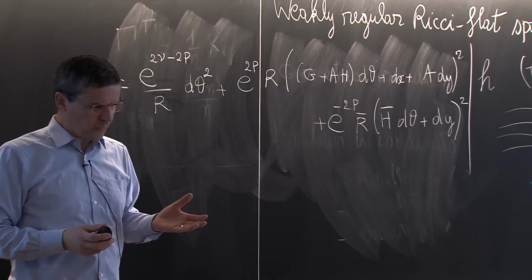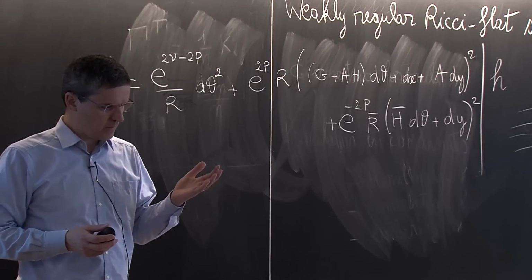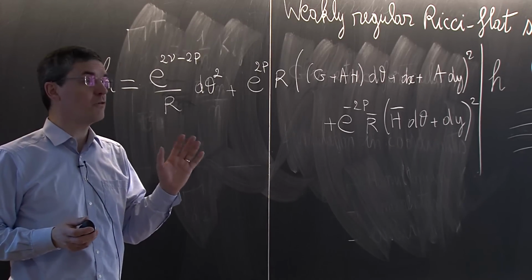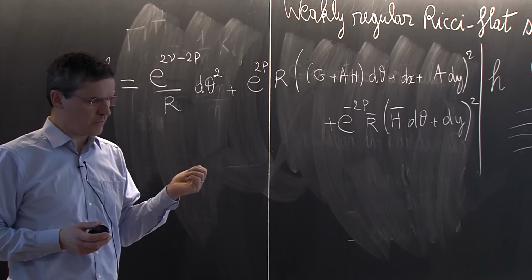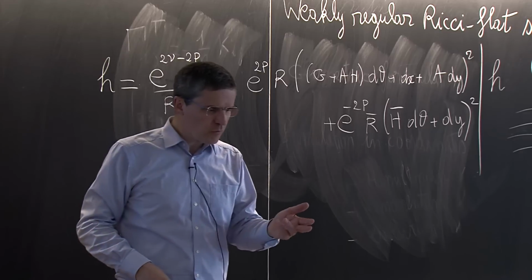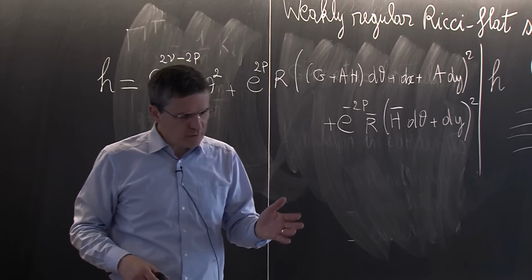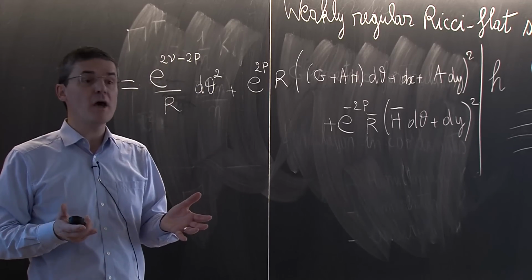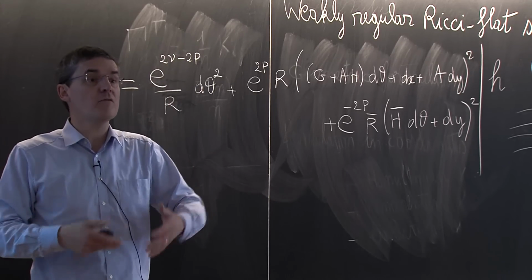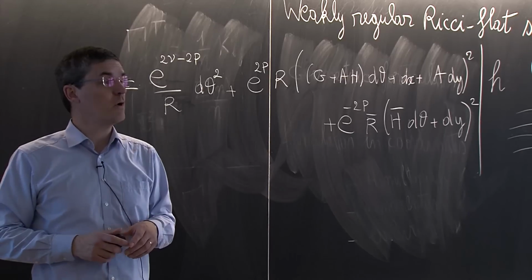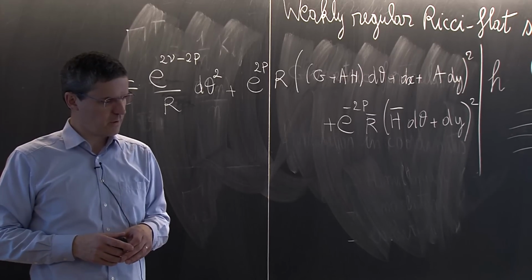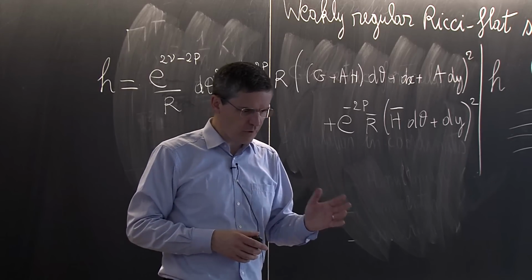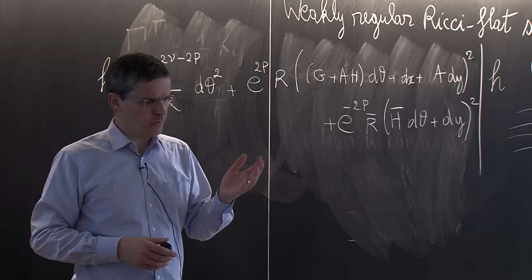So it depends on 6 coefficients, right? R is the area of the orbits of symmetry. So this will be one of the unknowns in this formulation. Then we have 2 coefficients, P and A, that will satisfy wave equations. So P and A really contain the main dynamics, the gravitational waves that we were talking about in the beginning. And then ν is also an important coefficient, and G and H are not important.